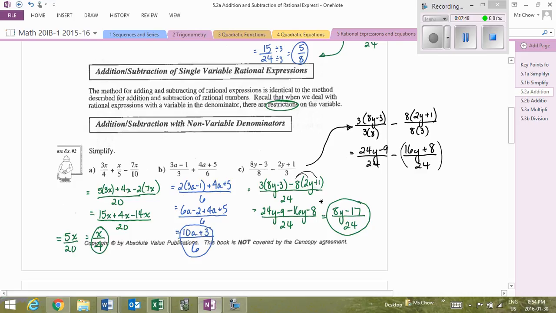And right here, when they're combining their terms, they can see the minus 9 and the minus 8, making it minus 17. So obviously this is still correct if you are able to get to 8y minus 17 over 24. No problem, and that's great, but people are much more prone to making errors by doing it that way.